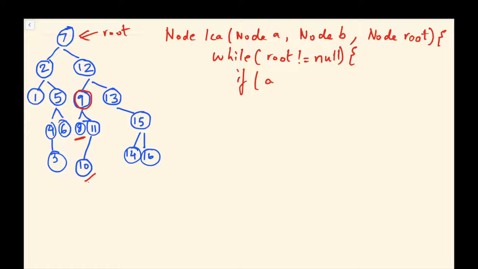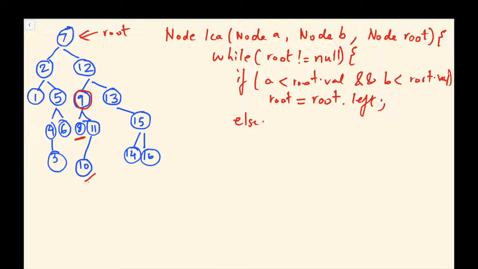Again, if the element A is less than the root element and B is also less than the root element, then we simply set root to the left node.